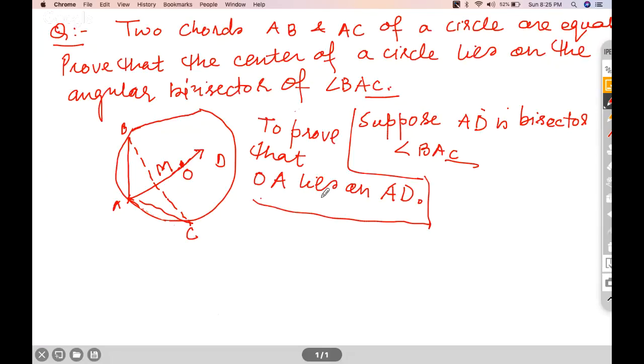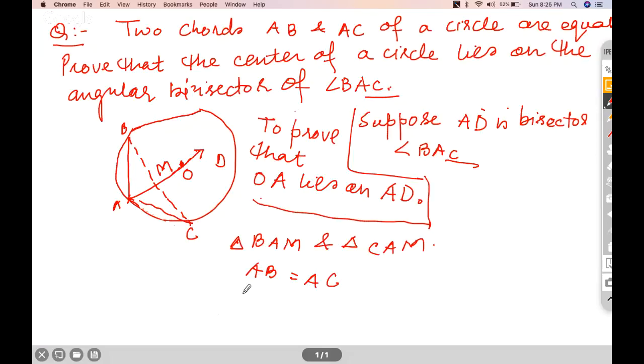For that, what I'm doing is I'm constructing a line, drawing BC. Now I take triangle BAM and triangle CAM. I know that AB is equal to AC because it has been given to me.